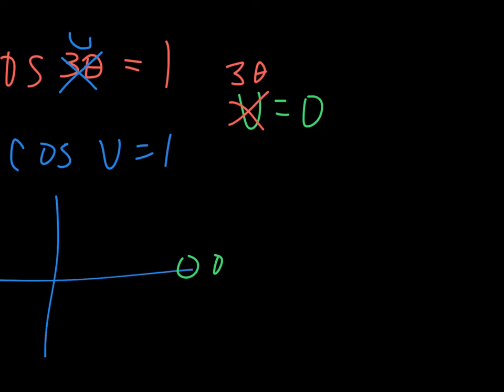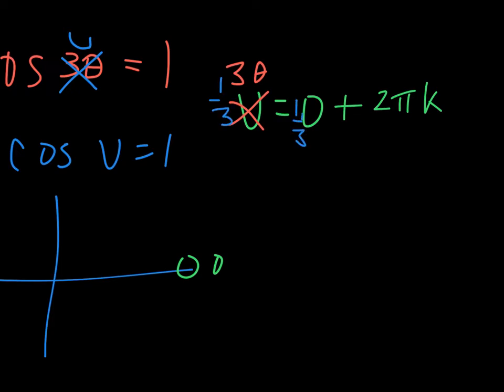Who remembers what we're supposed to put right here? 2 pi k, very good. Now that we say plus 2 pi k, now we can divide everything by 3, or I like actually to multiply by 1/3, in all 3 spots.